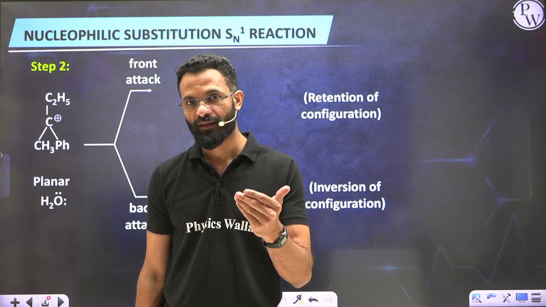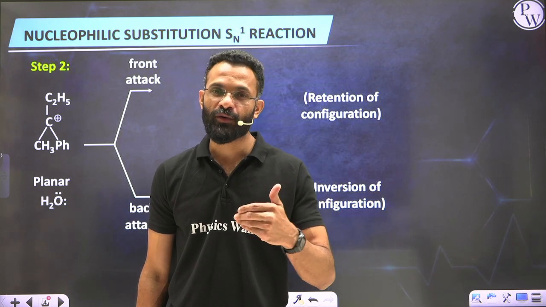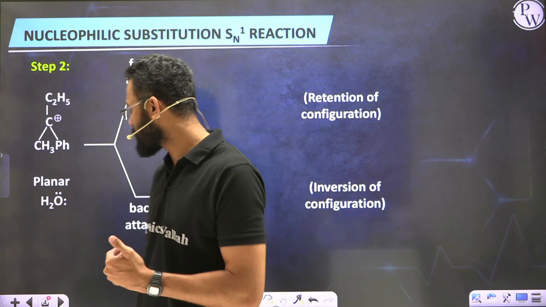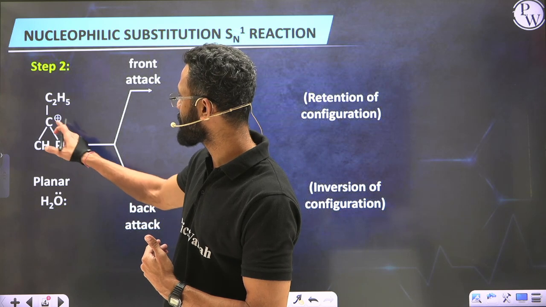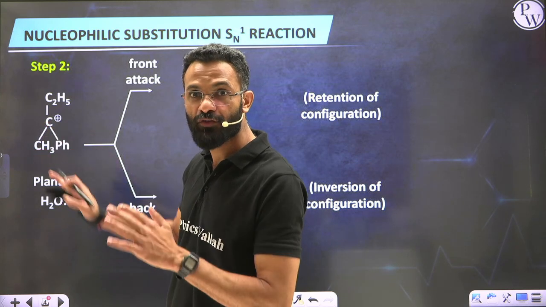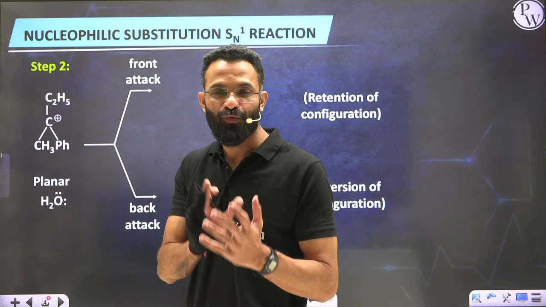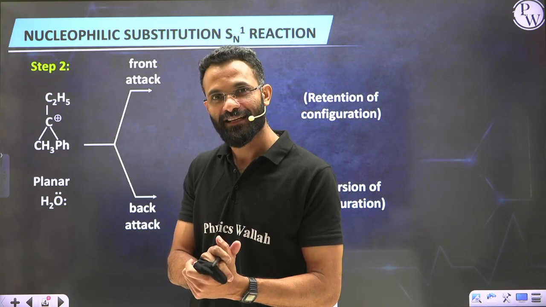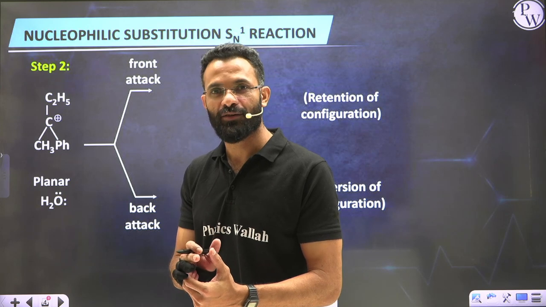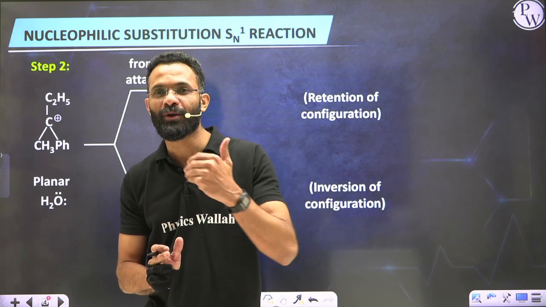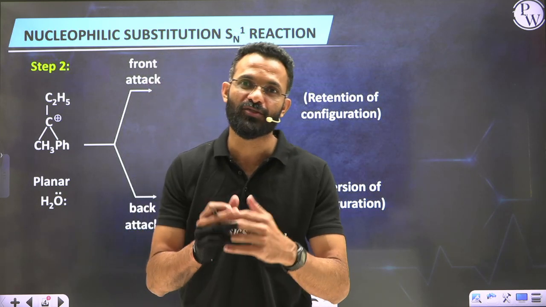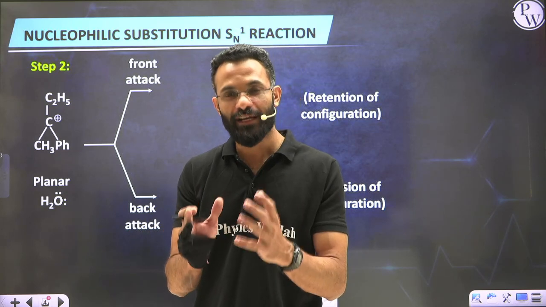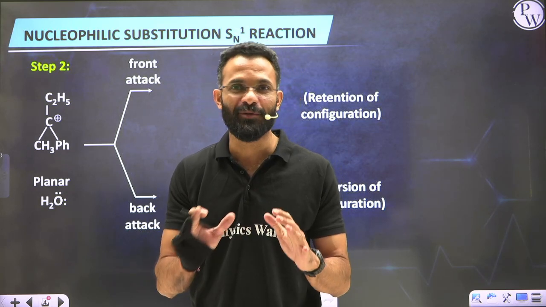The moment it becomes trigonal planar, a water molecule can attack this deficient carbon atom, which was not possible earlier when it was a tertiary alkyl halide. Remember what we discussed? In the starting compound, water, although nucleophilic, wasn't able to attack the deficient carbon because of steric hindrance.